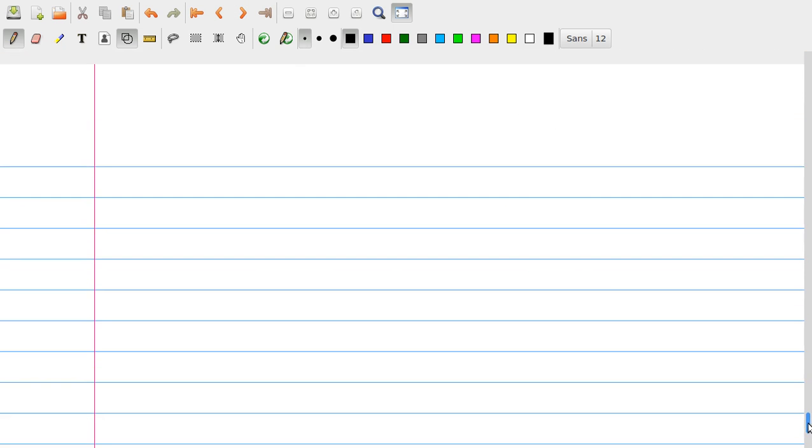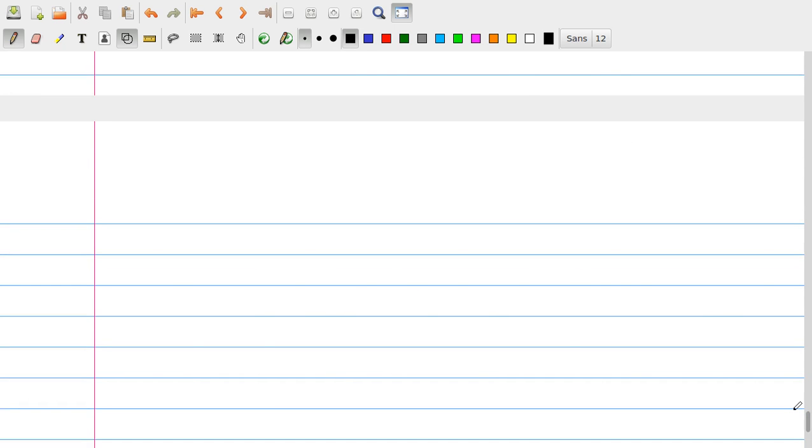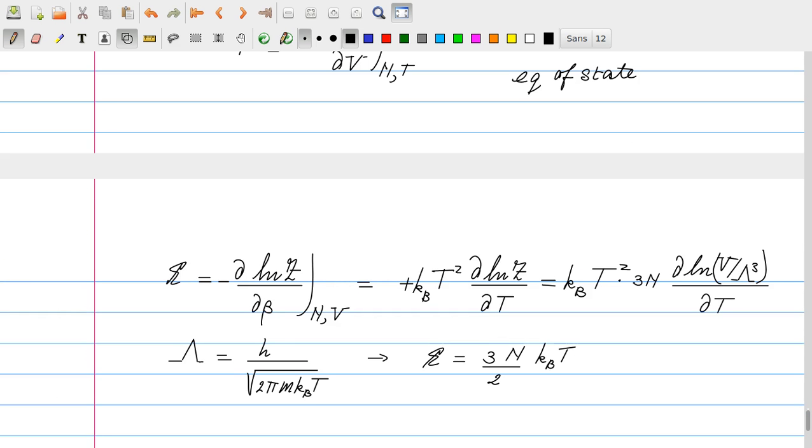Another thing you can calculate is the energy. We have seen before that the energy can generally be written as minus d ln Z/d beta at constant N and V. And because beta is 1 over kT, we can immediately translate that as a derivative of ln Z with respect to T, and we get an extra prefactor kBT squared.